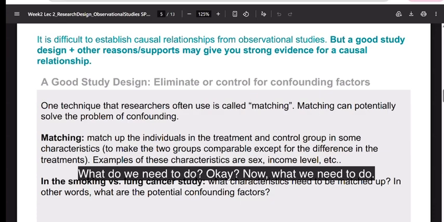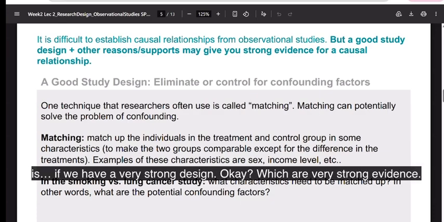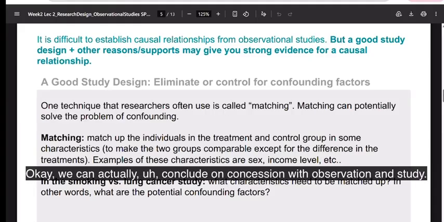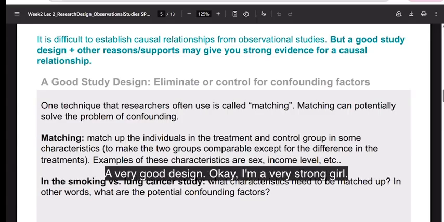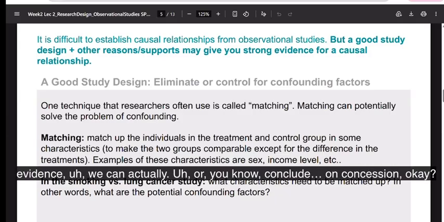Now, what we need is a very strong design with very strong evidence. Then we can actually conclude on causation with observational study. A very good design and very strong evidence.